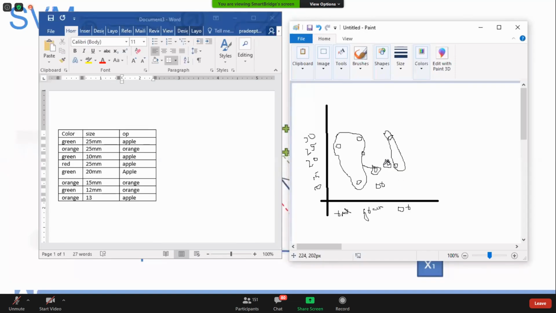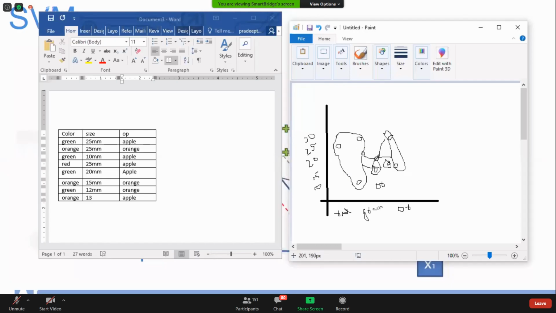Whenever a new data point is placed here, it will first calculate the distances. Let's suppose these are the distances. Now this is actually an orange one. Based on this distance, the majority values are lying here.